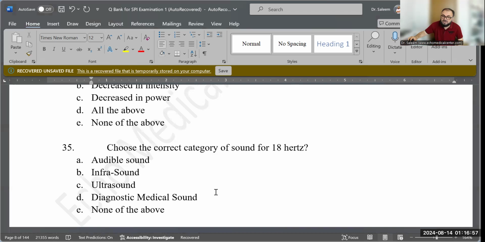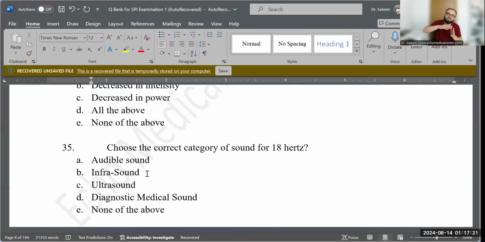You are absolutely right. We have 4 categories of sound. You said infrasound, and that's right. Infrasound or subsonic sound are the same. From 1 to 20 hertz, that's infra or subsonic. From 20 hertz to 20 kilohertz, that is our audible sound.